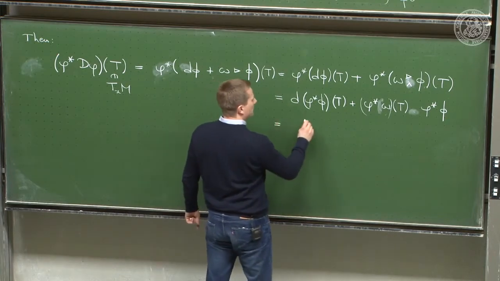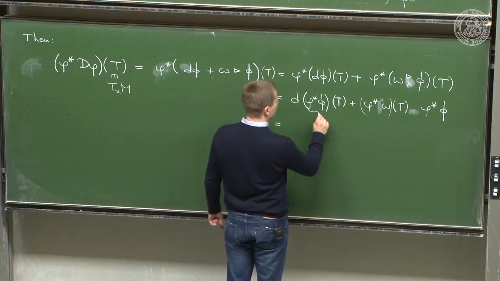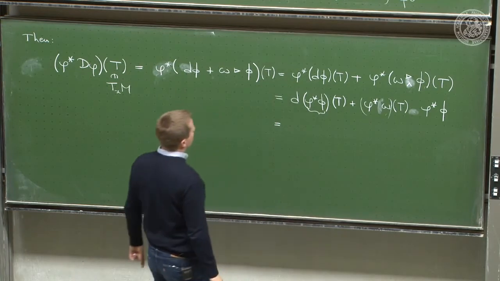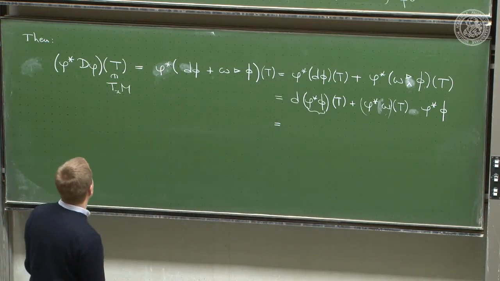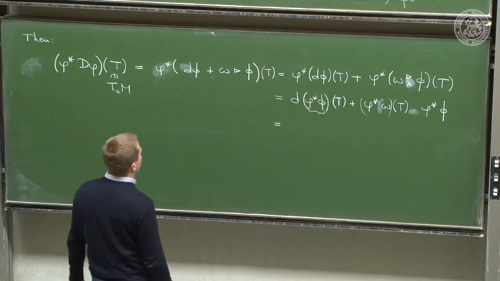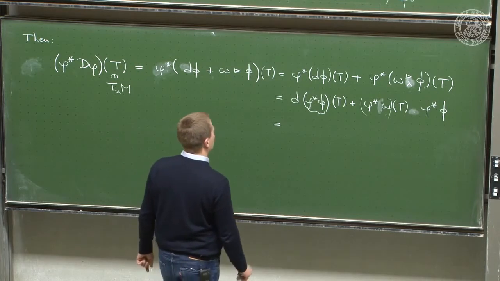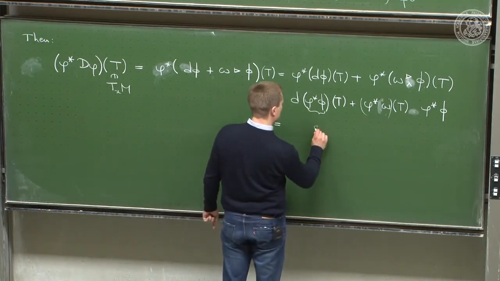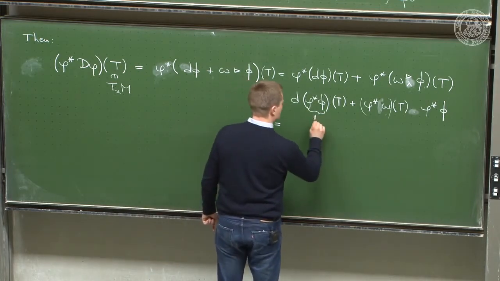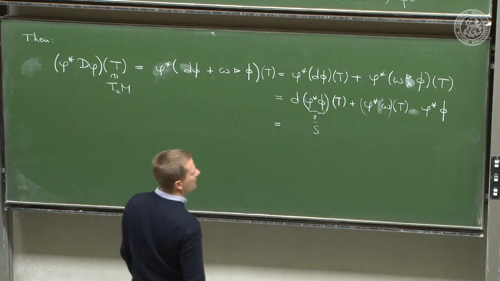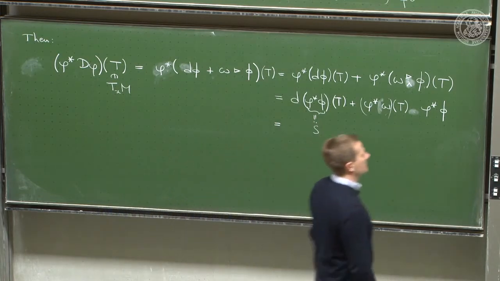Well, this guy here is the pullback of phi to the base manifold down here. But that is f valued. Let's call this little s. We didn't give it a name before. So let's call it little s here.